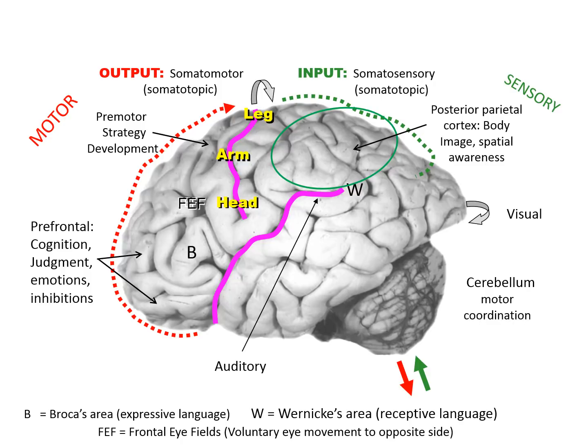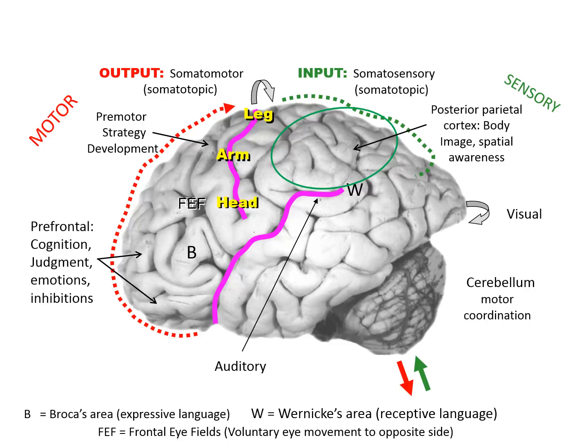We can see all of those different structures and functions represented here, with frontal involvement in motor activity for different parts of the body. Now we start to see that leg movement is represented most dorsally, the arm somewhat more laterally, and the head most laterally in the precentral gyrus.